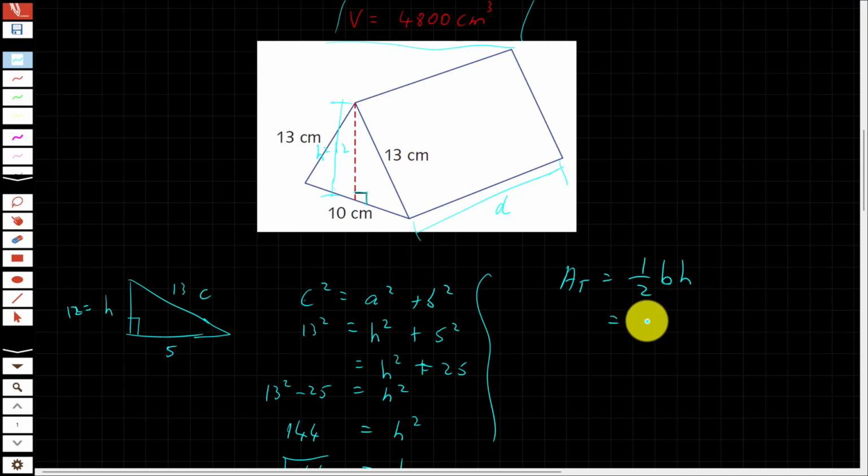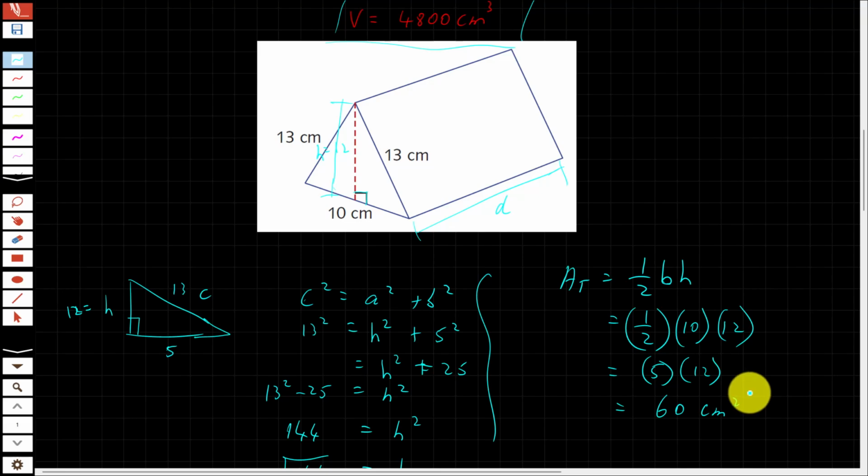So half times the base is 10, times the height is 12. Half times 10 is 5, so we have 5 times 12, which equals 60 centimeters squared.